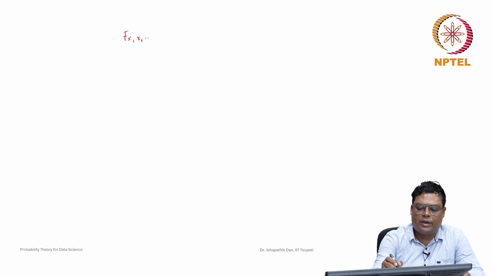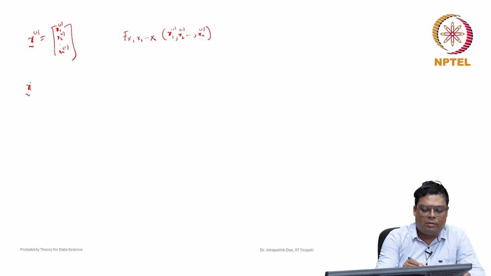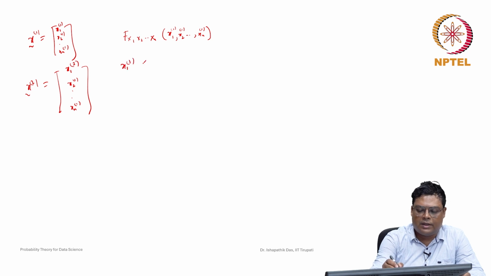Suppose x1, x2, ..., xn, similar to the bivariate case, is one vector, and we take another vector where the other coordinates are fixed, so x2 is fixed as it is, then xn is also fixed as it is, and only the x1 variable is changed, such that x1^(1) is less than x1^(2).